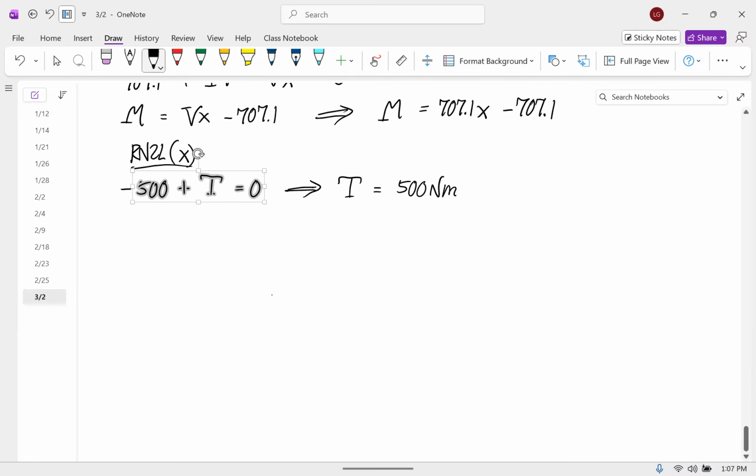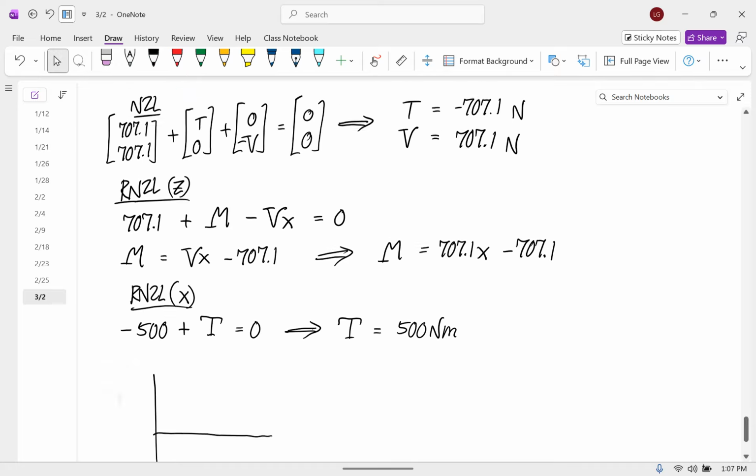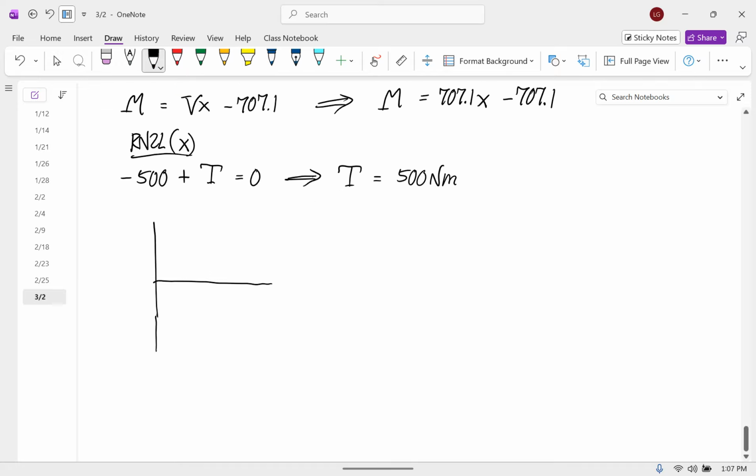So if you plotted these functions out, the internal tension would look like this. It's just negative 707.1 the whole way.